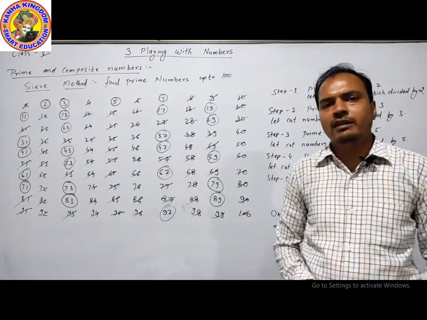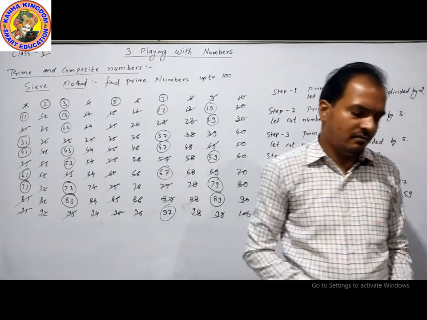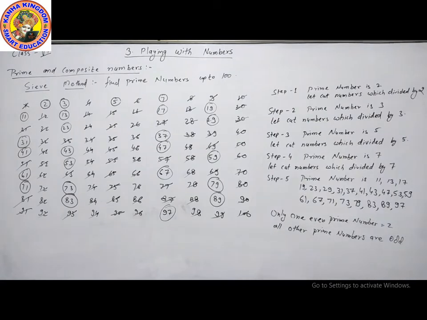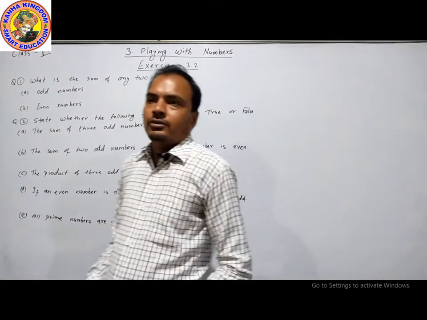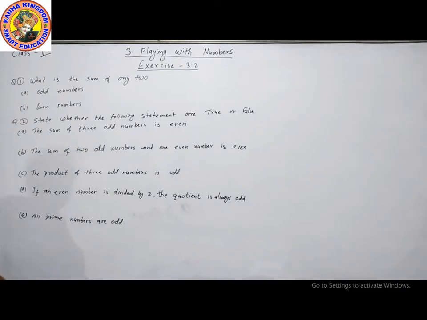We will move to our exercise. Now our exercise is exercise 3.2. Question number 1. What is the sum of any two odd numbers?